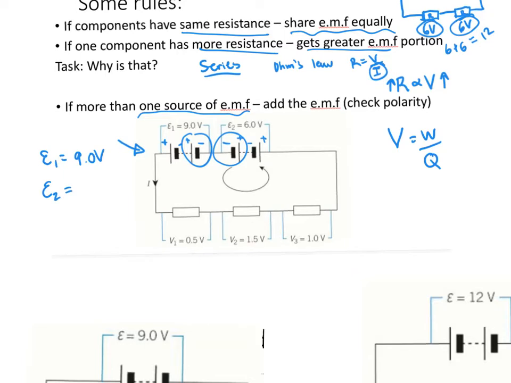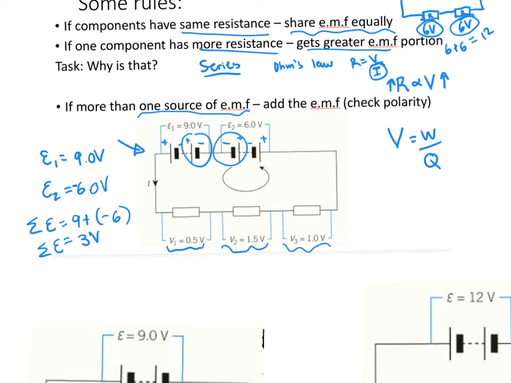So E2 has a total voltage of 6.0 volts. That means the sum of EMF will be equal to 9 plus minus 6, because it's in the opposite direction, so I'll put minus there, which means you have 3 volts as a sum of EMF. And then you can see the potential difference across each component.